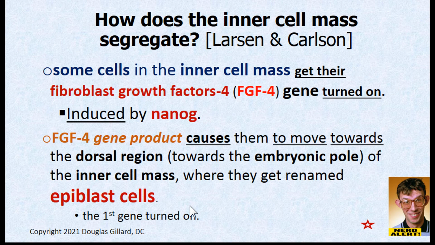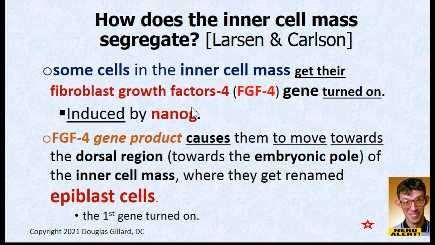So, oh no, there's the little nerdy guy. Here we go. Some more crazy stuff. How does this segregation occur? How do you become an epiblast cell? How do you become a hypoblast cell? Well, the new star of the show, and I don't think we know this one yet, there's another gene called the FGF4 gene, or the fibroblast growth factor gene. That gets turned on. They think it's nanog.